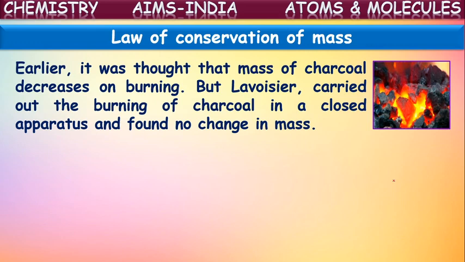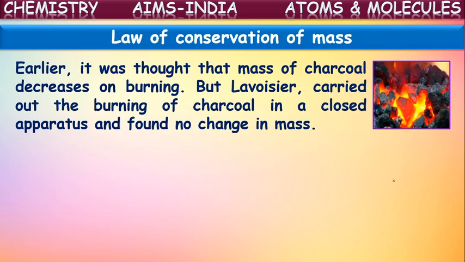If you burn the charcoal, ash will remain, and the mass of that ash will obviously be less than that of the charcoal. So people thought that the mass of chemical substances changes in a chemical reaction. For example, the mass of charcoal decreases on burning. That is what they thought at the time.